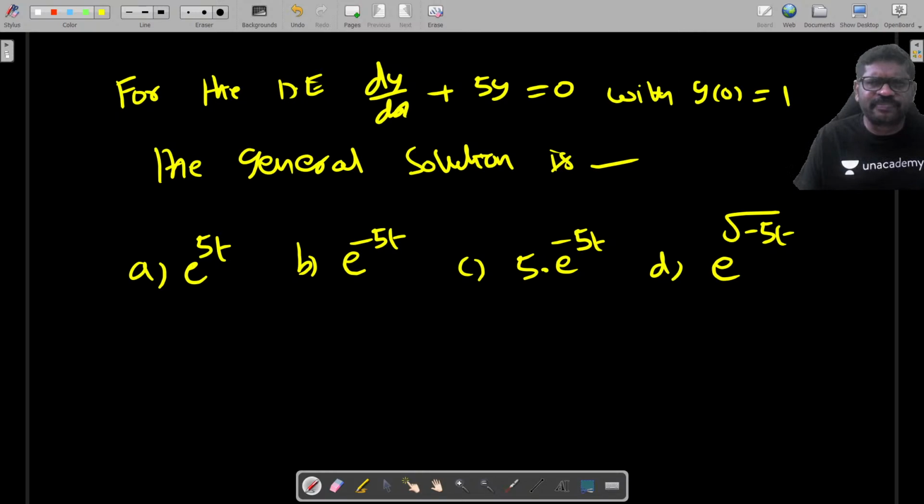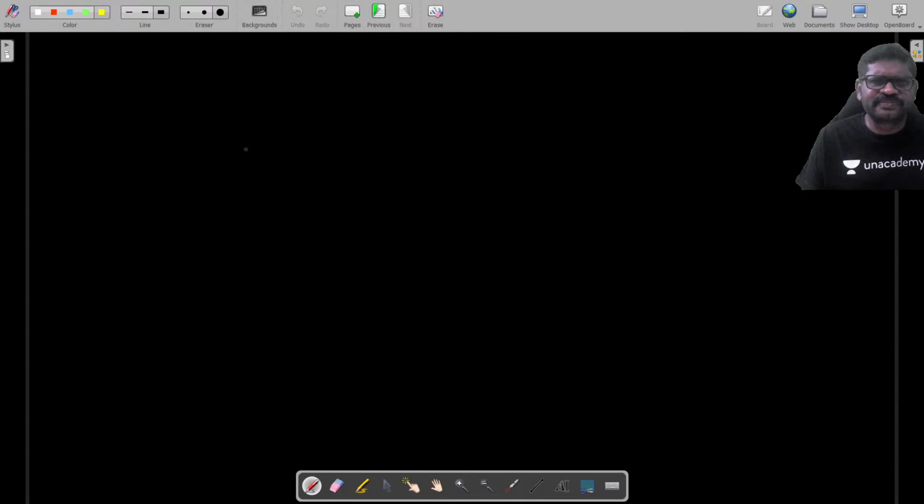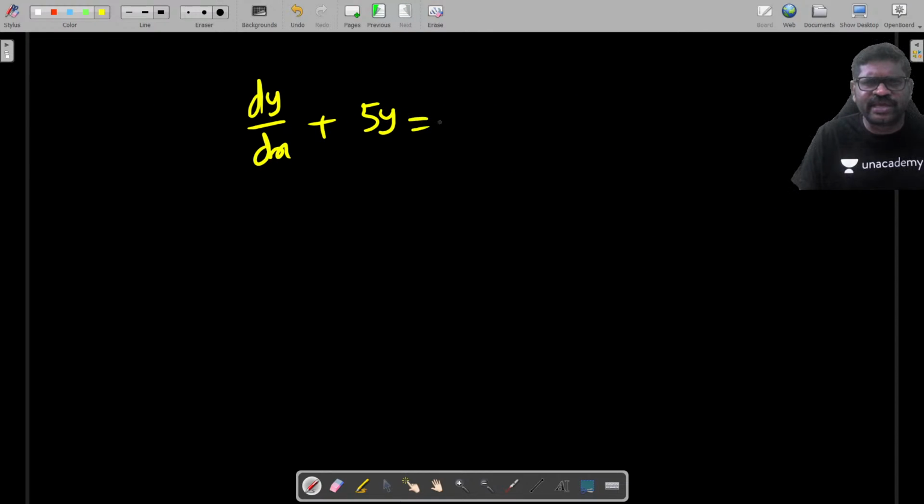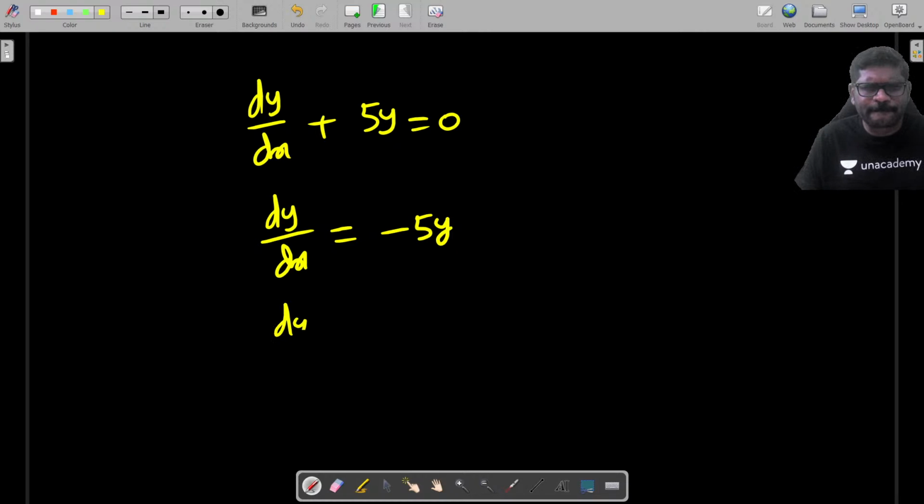We have to solve the homogeneous differential equation dy by dx plus 5y equal to 0 with y of 0 equal to 1. dy by dx is minus 5y, so dy by y is equal to minus 5 dx.